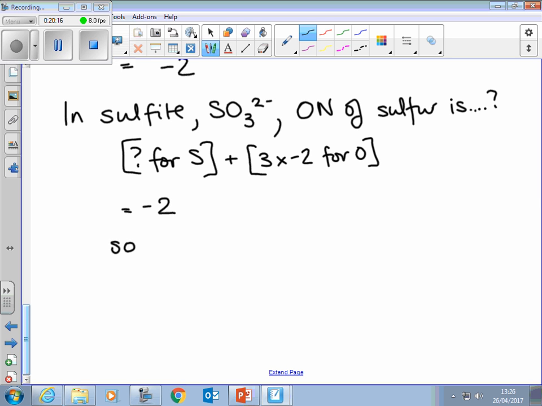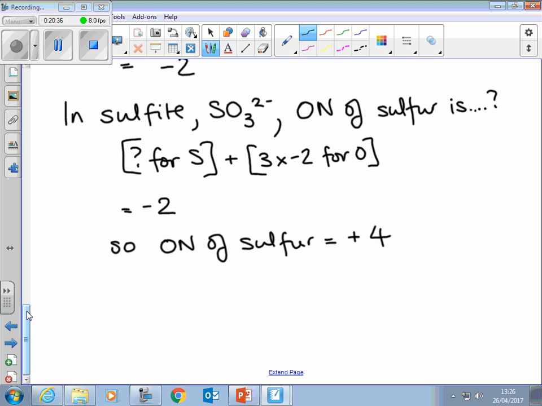So the oxidation number of, I mustn't put the symbol, it's got to be the sulfur. It's +4.